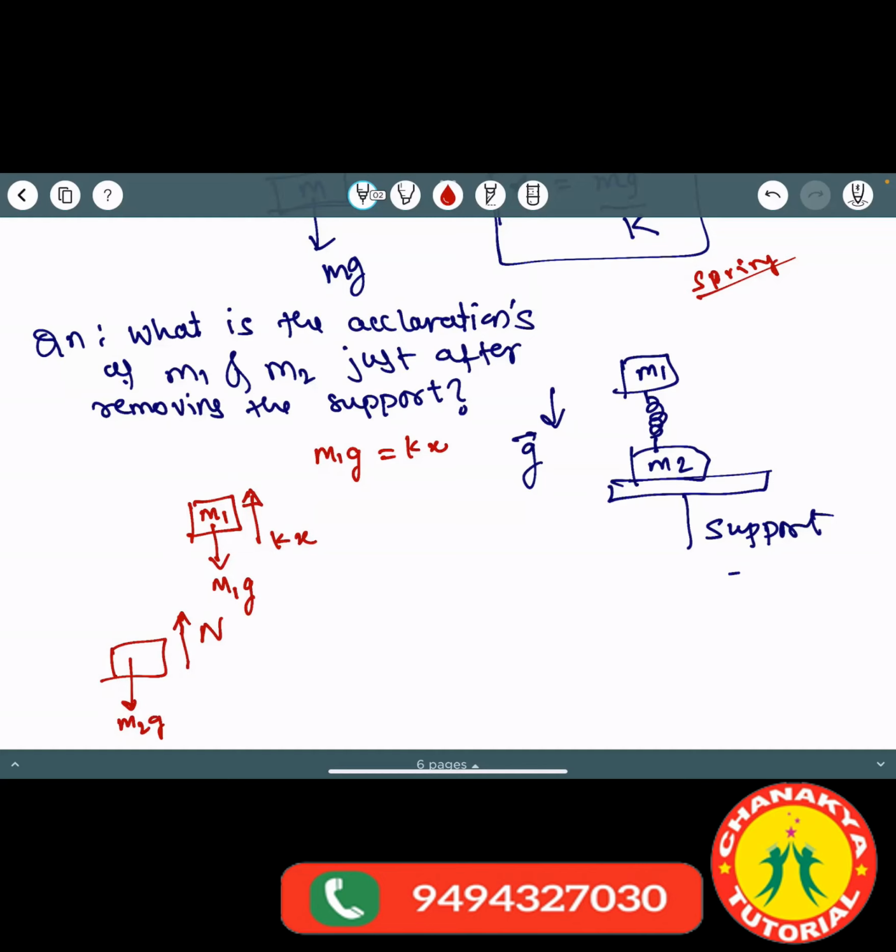Why not on M2? It will act on both. Then tell me with direction. I guess upwards only, sir. Why will it be upwards? Imagine I give you a spring and you are pressing it with both hands. Now you are telling me that on one hand it is in one direction, and on the other hand in the other direction.